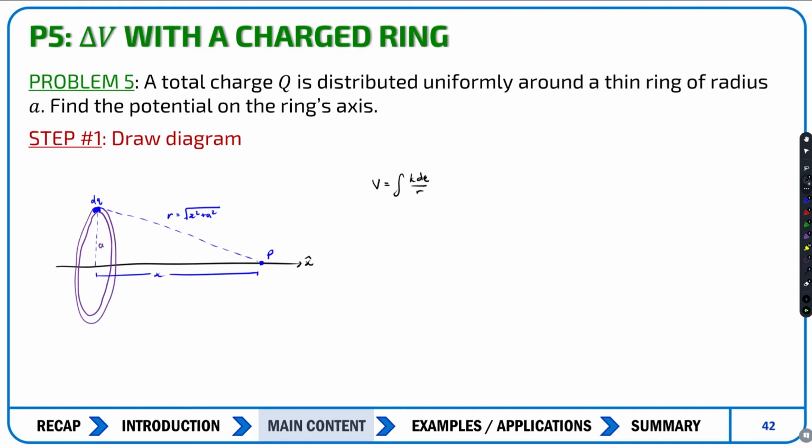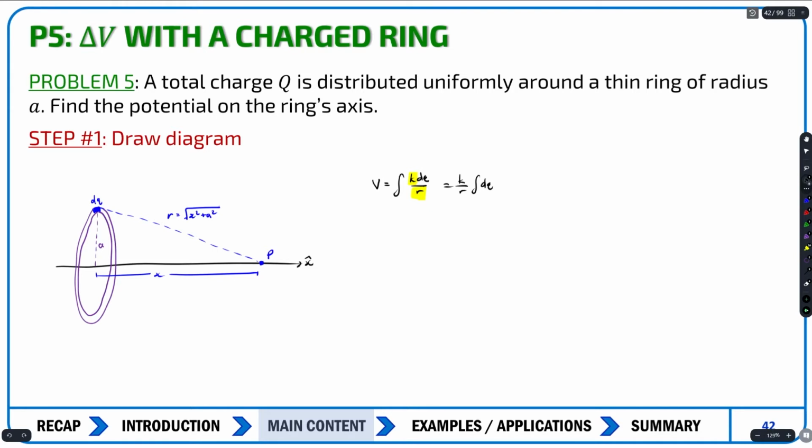And we know that k is a constant, which can be taken out. But what's unique is r is equal to the square root of x squared plus a squared, and that point P is not going to change. x is never going to change, a is never going to change, so r is also a constant. So we have k over r times the integral of dq.